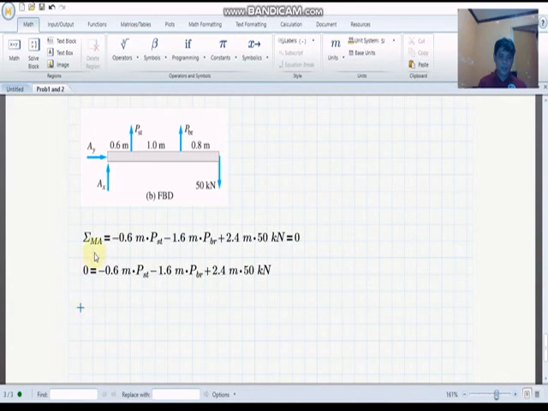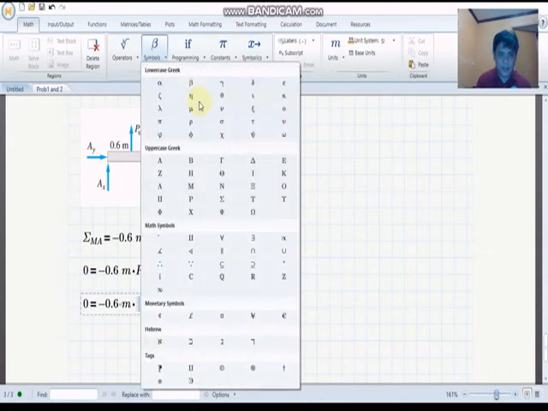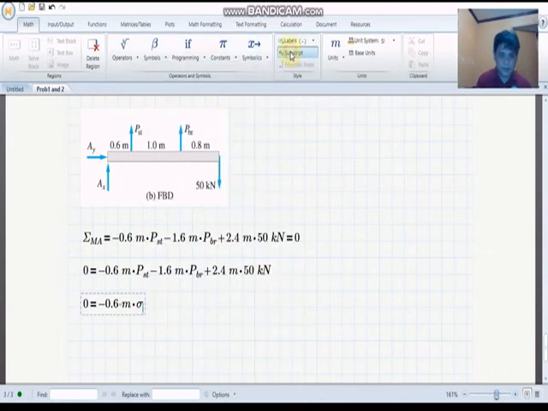So we can rewrite the equation to be 0 equals negative 0.6 meters times the stress in the steel times the area of steel, minus 1.6 meters times the stress in the bronze and times the area of bronze, plus 2.4 meters times 50 kN.